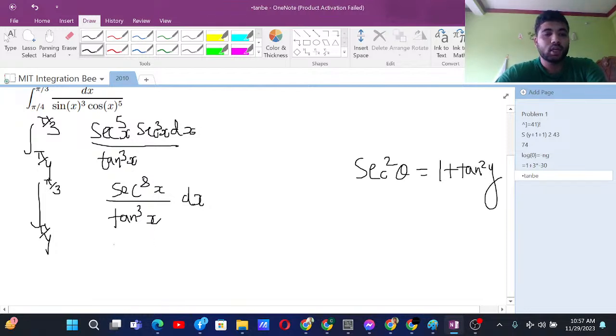We'll use that. Now we let y as tan x, and so we get tan pi by 4 is just 1 and tan 60 is √3.